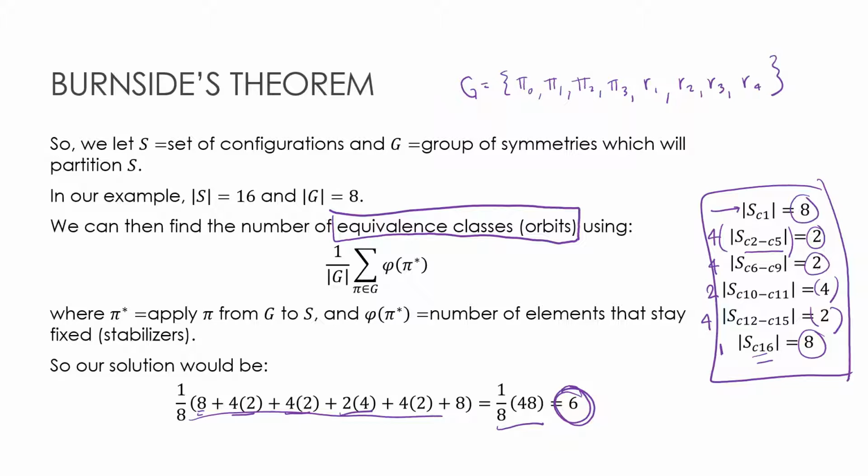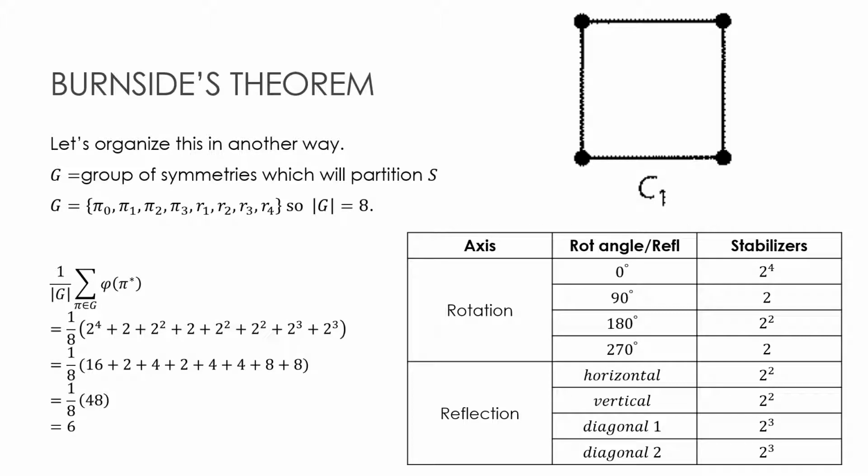So, thinking of what we just did, and knowing that I really don't want to draw out all of my configurations and draw the lines through them all the time, let me show you a little bit better way. We're still going to use Burnside's, but it's going to be a little bit easier to come up with the values here. So let's take a look. Organizing this in a different way, this is the way that makes the most sense to me because I'm lazy.